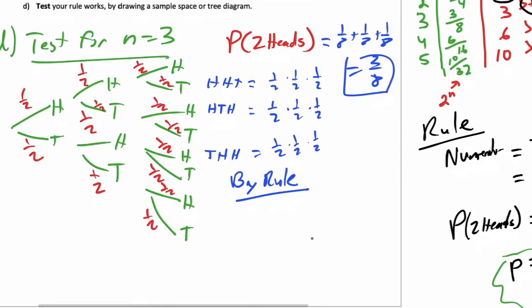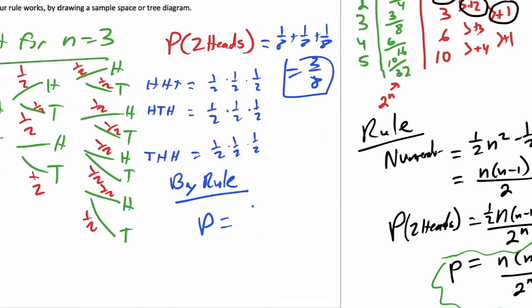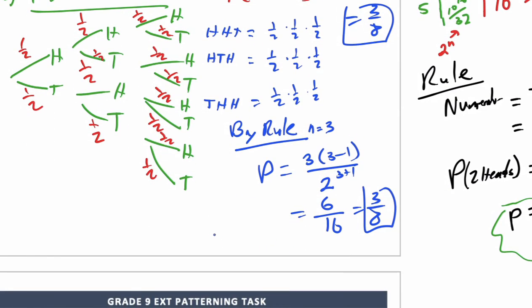By rule we have probability equals, let's substitute in the n, 3 times 3 minus 1 over 2 to the power of 3 plus 1, which equals 6 in the numerator, and in the denominator we get 16, so it is indeed 3/8. So therefore this shows the rule is correct.